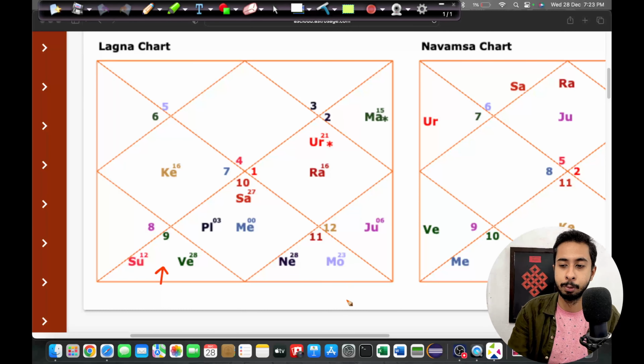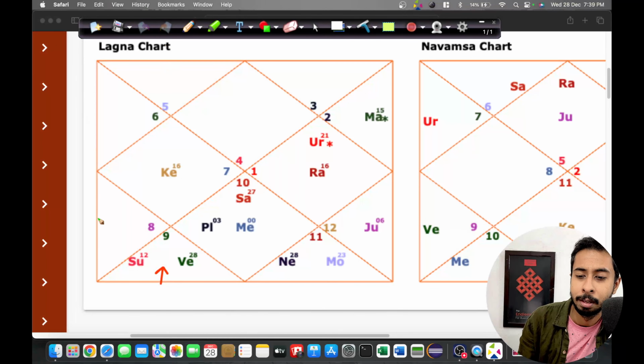For example, if Mars was present in house number 7, which was Capricorn's house, then Mars would have gained exaltation. That means it would have gained the highest power.